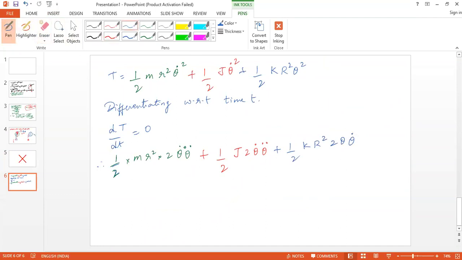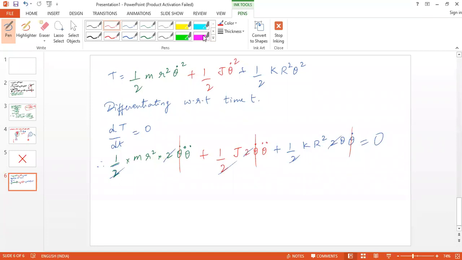Is it clear? Yes, sir. So now here this 2 will get cancelled, and this theta dot can be taken out and sent to the right hand side.